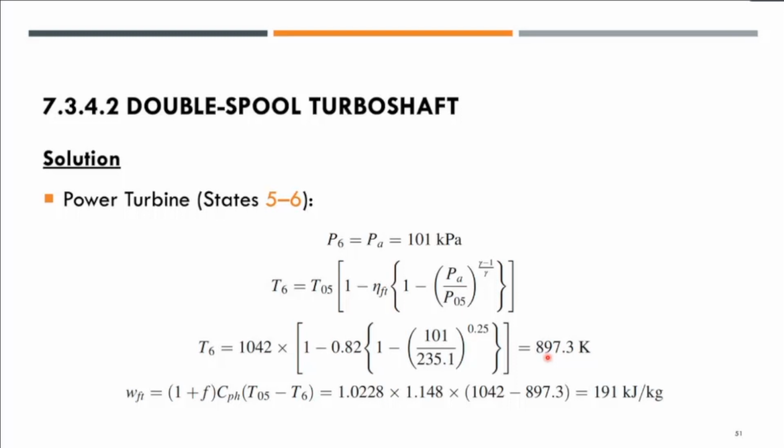Now T6 is 897.3 Kelvin, and finally you get the work for the free turbine to become 191 kilojoule per kilogram.